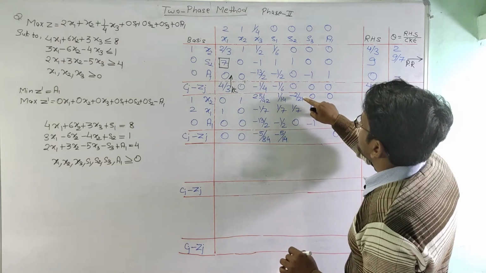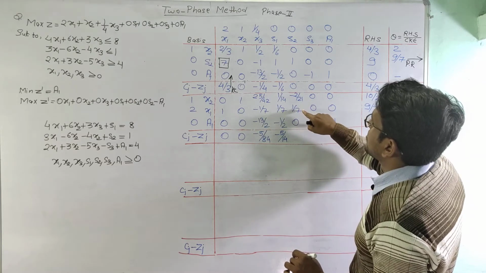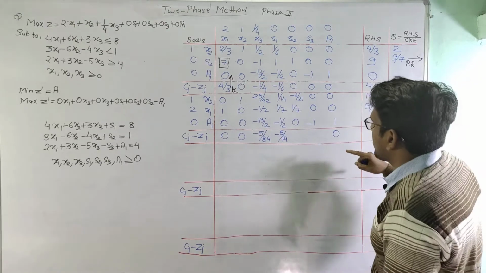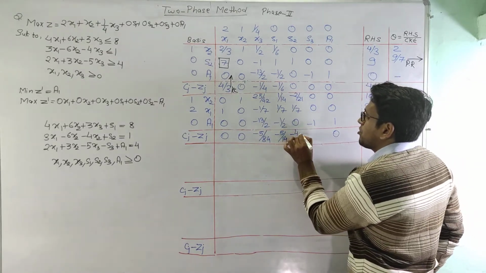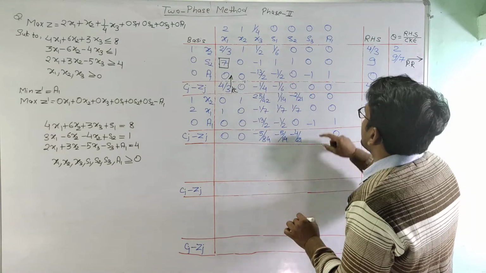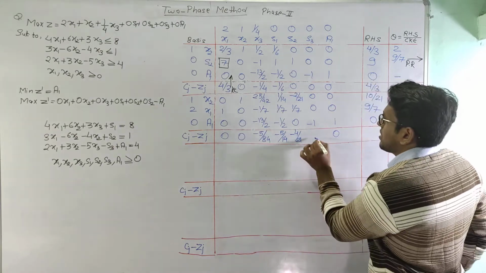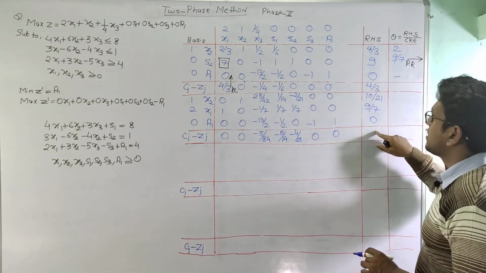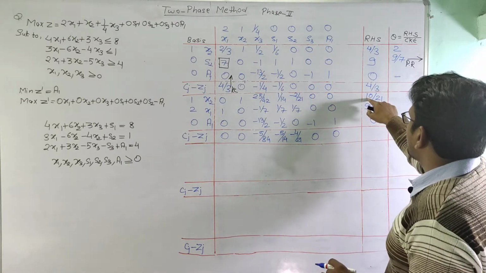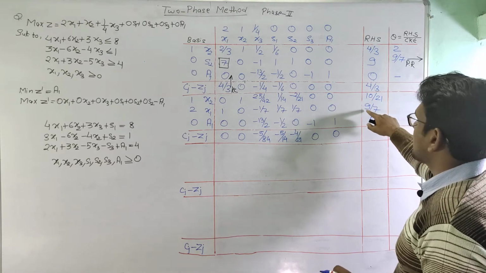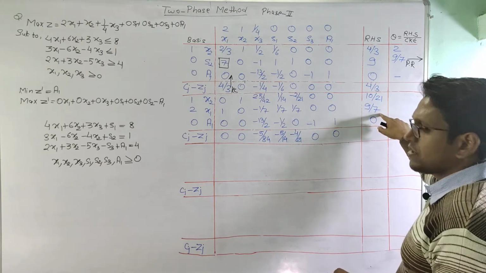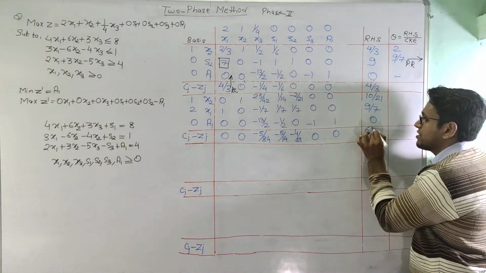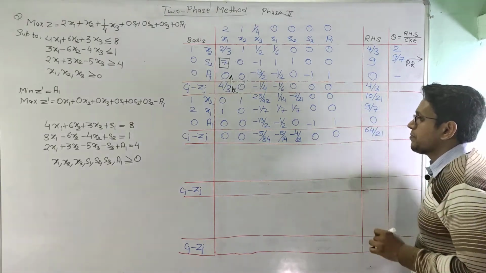And this will be minus 2 tenths of this, which comes as minus 4 by 21, and S3 will come as 0. And the value of Z is 10 into 10 by 21 plus 18 by 7, which comes as 64 by 21.